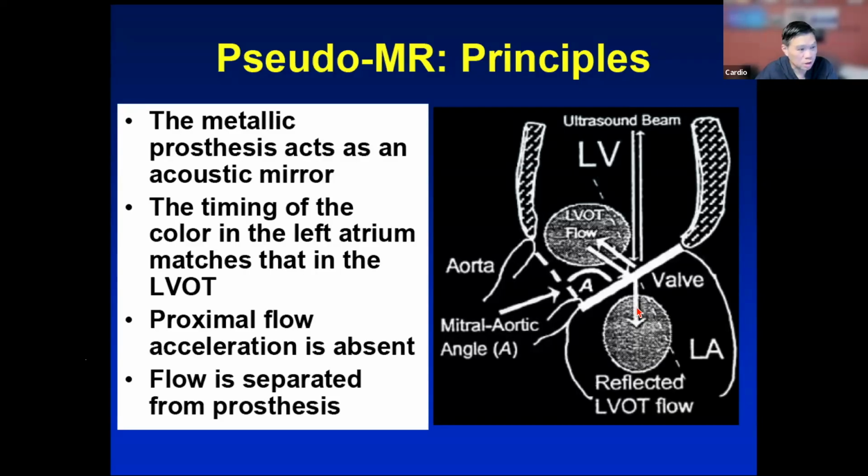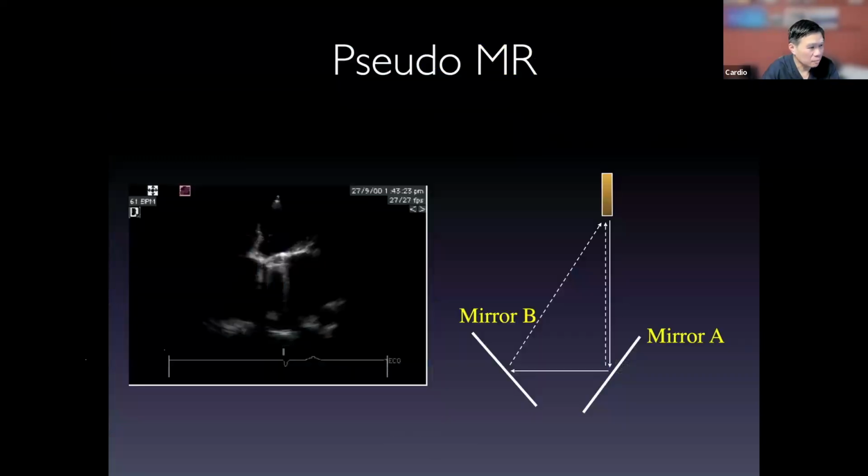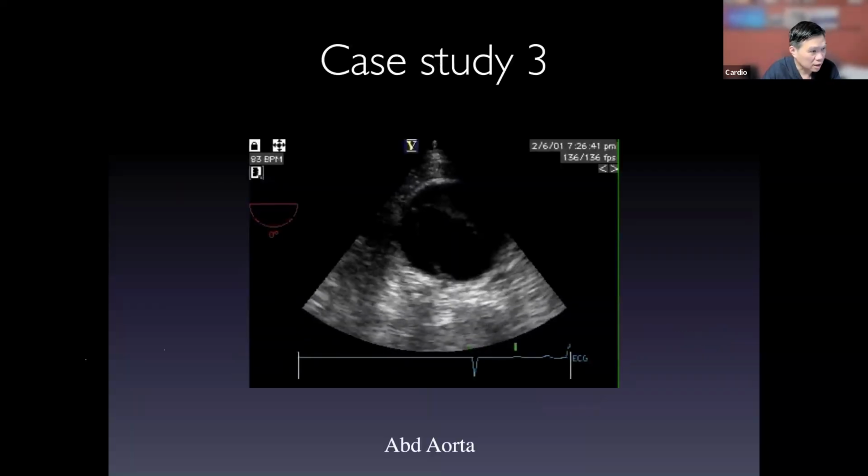The caution is that if you see these artifacts of color Doppler where they're not supposed to be, you have to think of multipath reflection or reflection artifacts, and you should PW whatever is in there to check the waveform. That's one way to make a diagnosis of pseudo-mitral regurgitation and save people from having TEEs unnecessarily.